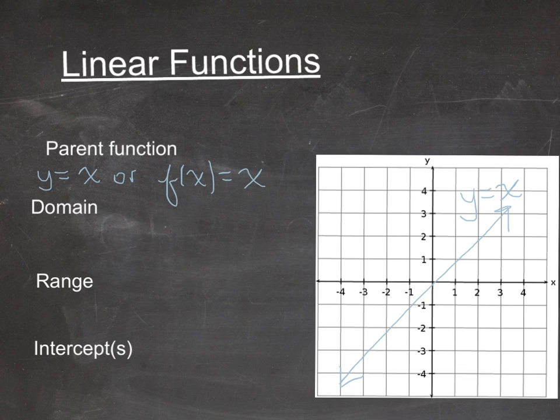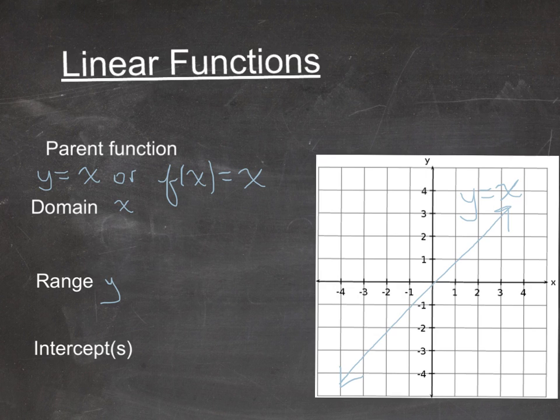The domain is related to the x values, and range is related to the y values. It's usually easier to see the domain and range pictorially. You can also just look at the function to see what it is.